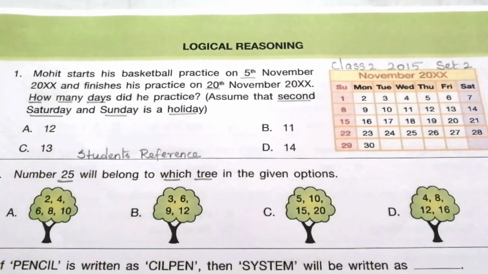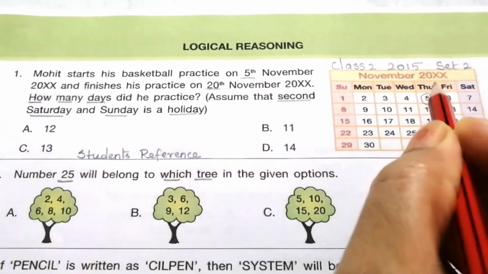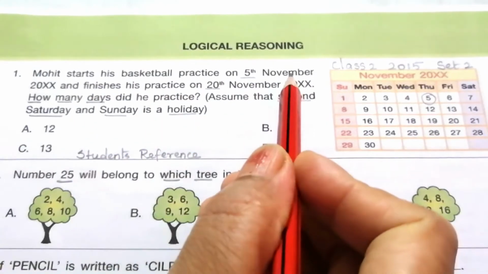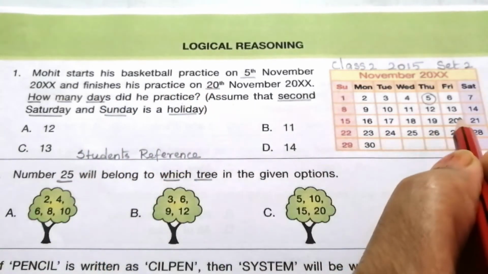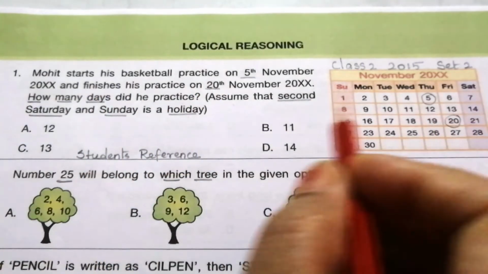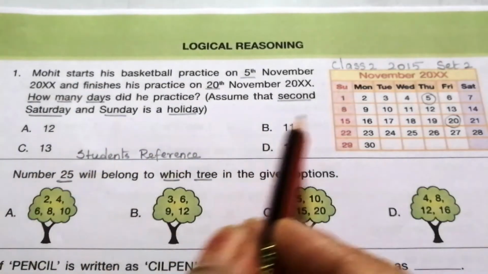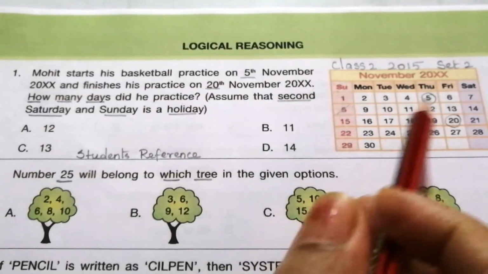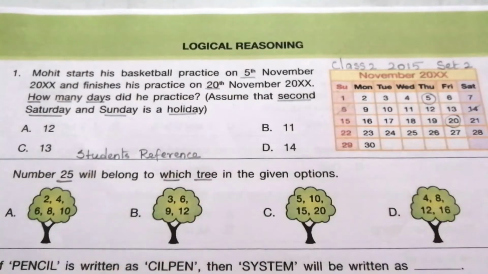To find the answer, first we have to mark 5th November because Mohit starts his basketball practice on 5th November and finishes his practice on 20th November. Then second Saturday and Sunday is a holiday. Second Sunday, so you cross this one, and second Saturday, you cross this also.